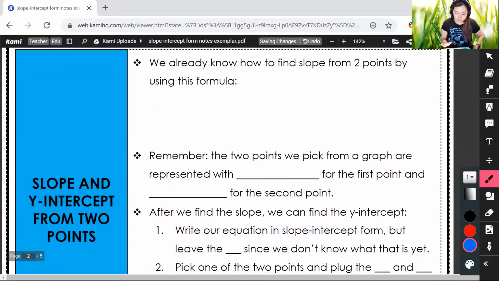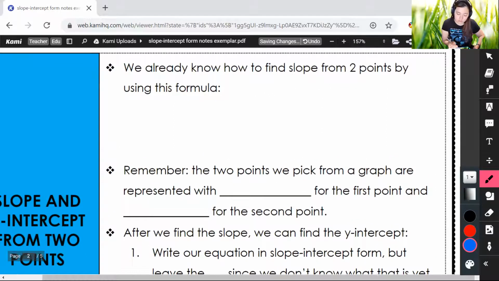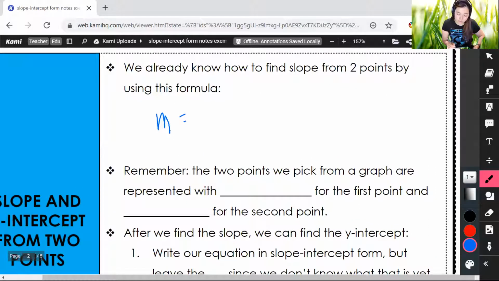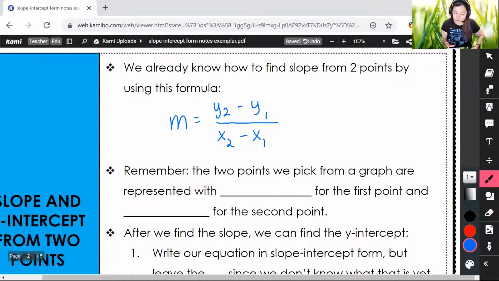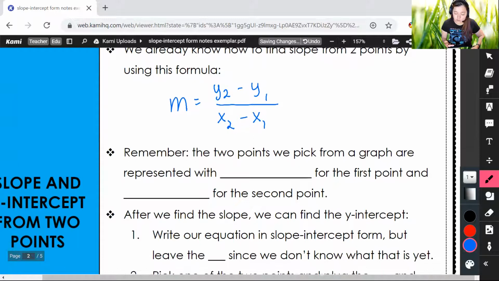Now, we just showed how to find slope from 2 points. This is the formula that we've still been using. m equals y2 minus y1 divided by x2 minus x1, right? So that part hasn't really changed.